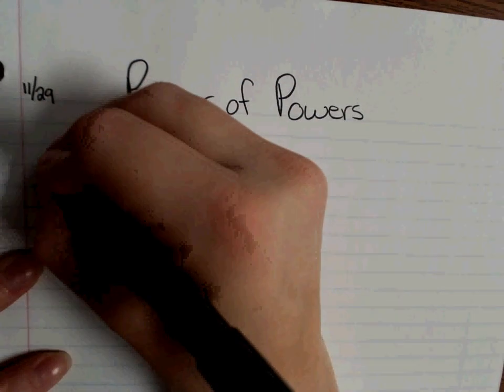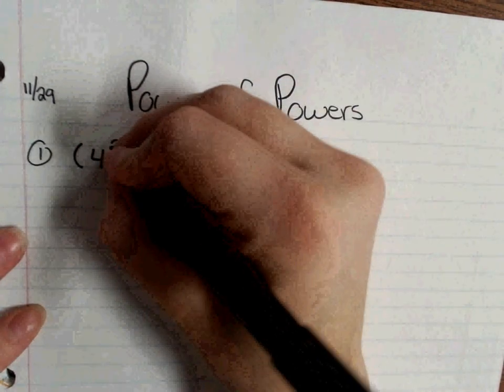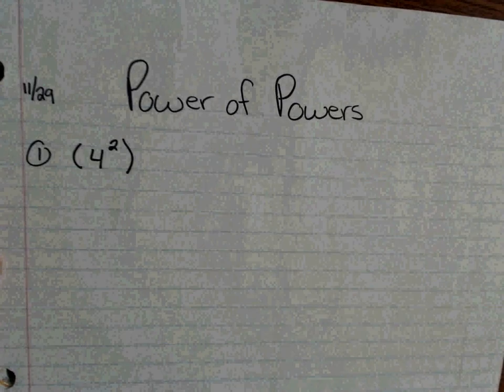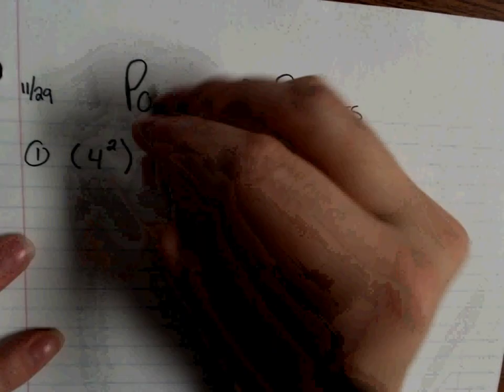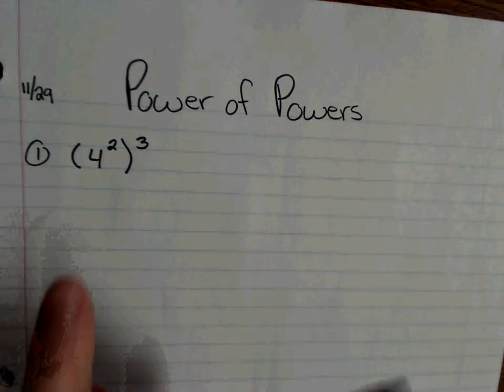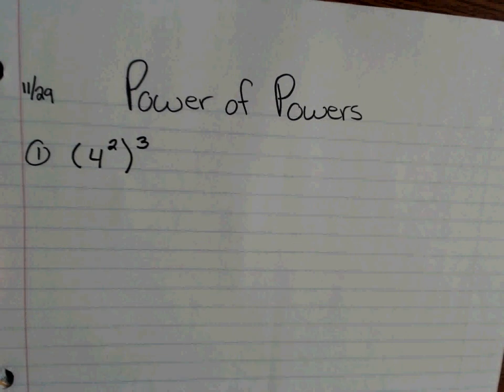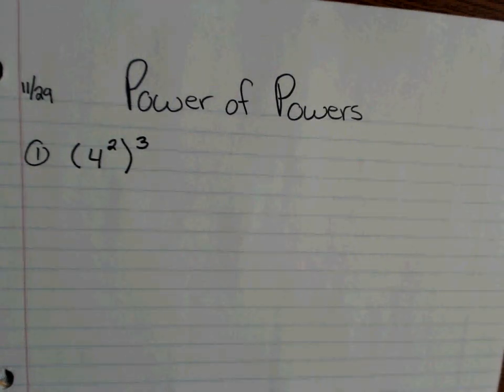If we have 4 to the second power, or 4 squared, and then we're raising that to the third power, this is called a power of a power. So you're taking a base and exponent and raising it to another exponent.